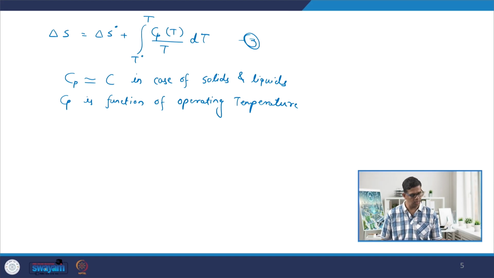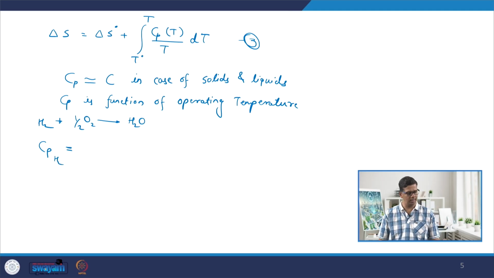So, how does it look in case of our conventional hydrogen and oxygen reaction? Let's say I take the fuel cell reaction, wherein H2 plus half O2 gives H2O. It's our standard hydrogen oxygen reaction. This Cp, as I was talking about, depends highly on the temperature, it is a function of temperature, and let me start with how it can be written in case of water.